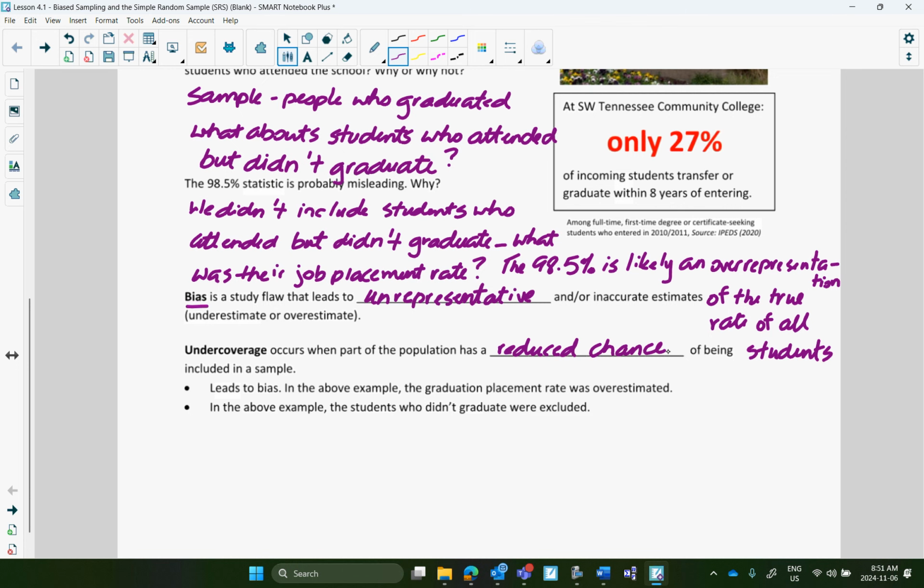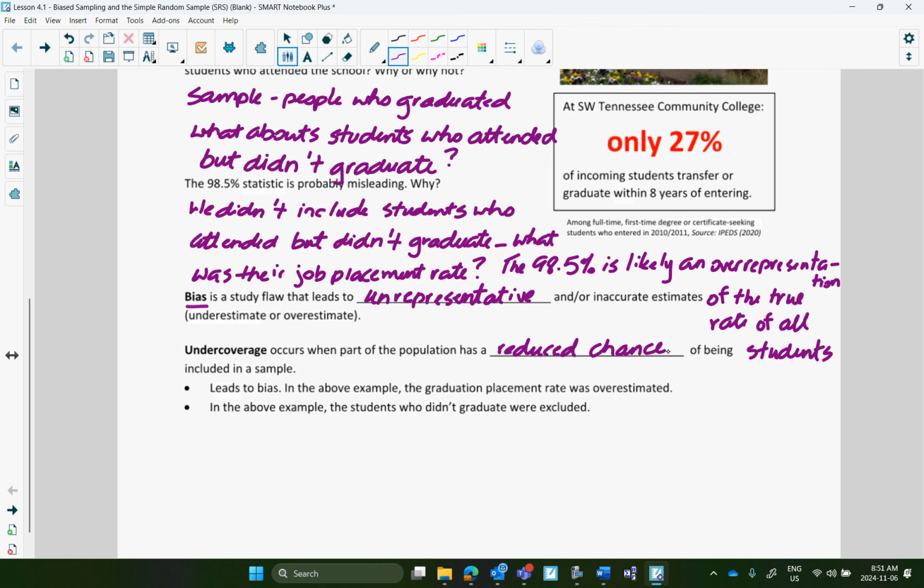So undercoverage leads to bias. And remember, bias is when you want to say something is overrepresented or underrepresented, or overestimated or underestimated. So that's one type. Okay?